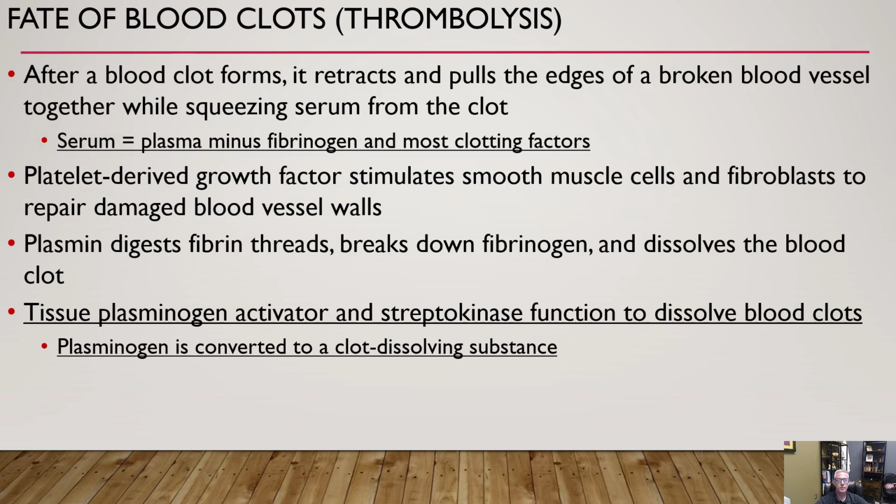And remember, serum is just plasma minus the fibrinogen and minus most of those clotting factors. And then we have that platelet-derived growth factor, that's going to stimulate the smooth muscle cells and the fibroblasts. Remember, blast usually is a prefix that means to create something. So those fibroblasts repair damaged blood vessel walls.